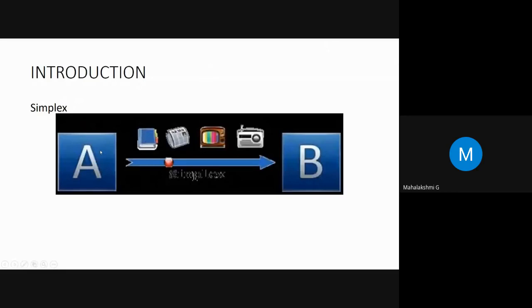Only one of the devices on a link can transmit, the other one can only receive. In this figure, A can only transmit the message and B can only receive the message. It is like a one-way street. Keyboards and monitors are examples of simplex devices.